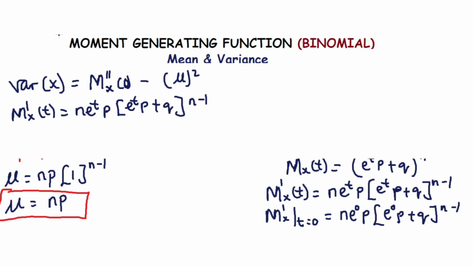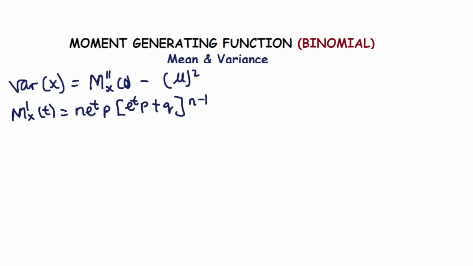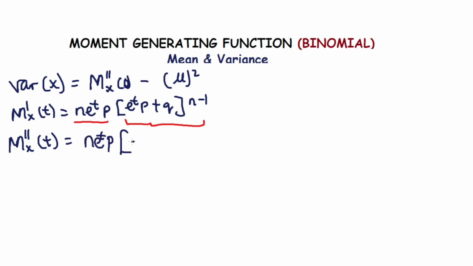So we'll go ahead and do the second derivative of this, using our product rule. Let's take this part first, then we ignore the other part. If I differentiate the first part, it will still remain the same because it's an exponential function, so I'll rewrite the second one, (e^t p plus q)^(n minus 1).